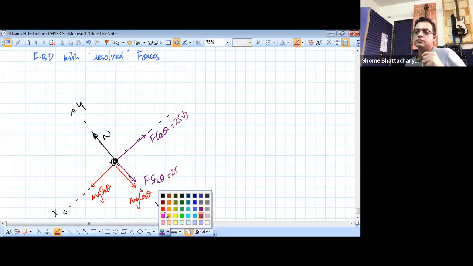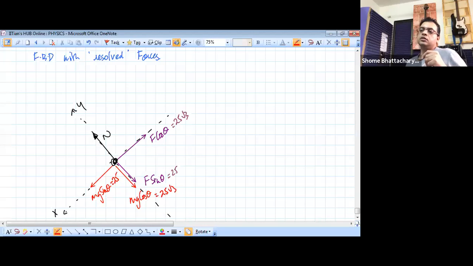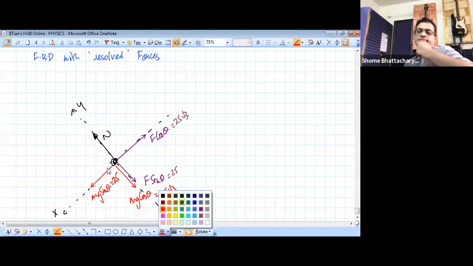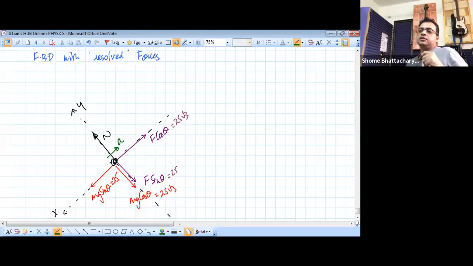So obviously this one dominates because this force is more than this. So because it dominates, we'll understand that the acceleration will be up the inclined plane. The acceleration will be like this.